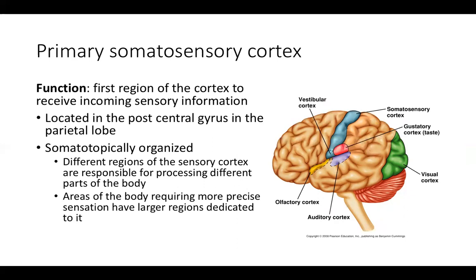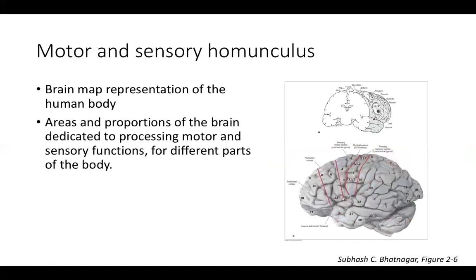And this region is also somatotopically organized. So different regions of the sensory cortex are responsible for processing different parts of the body. And so, similar to what we just discussed with the primary motor cortex, areas of the body that require more precise sensation have larger regions dedicated to them.